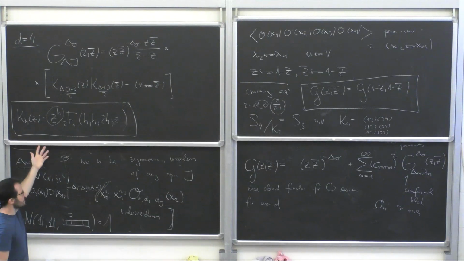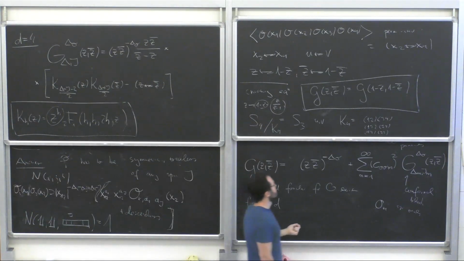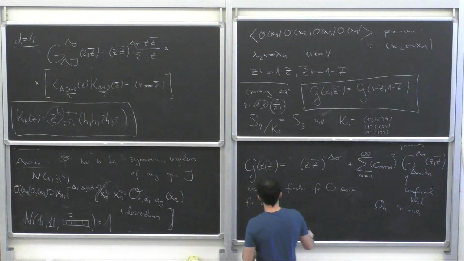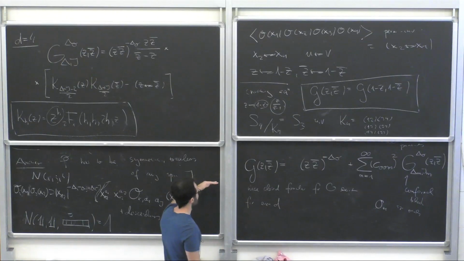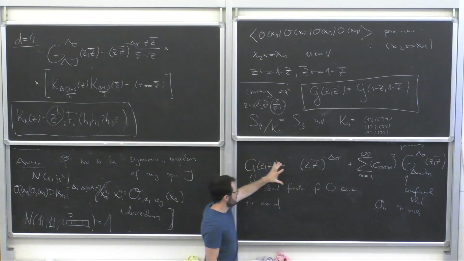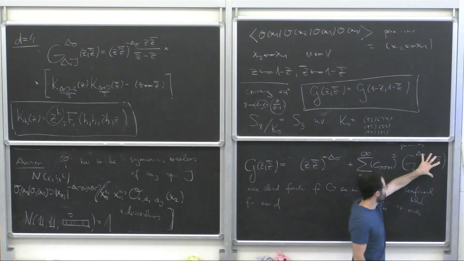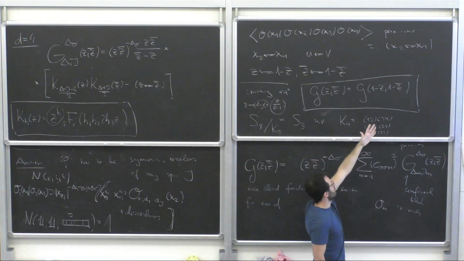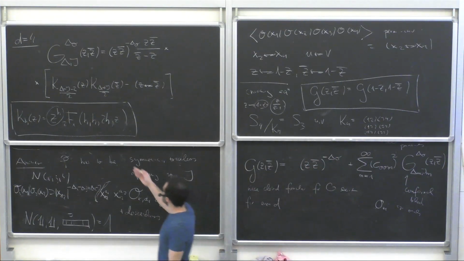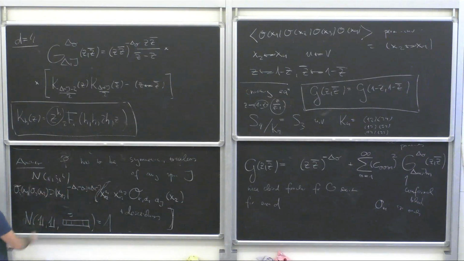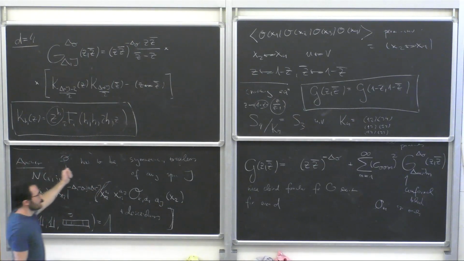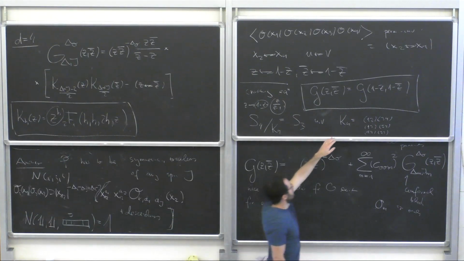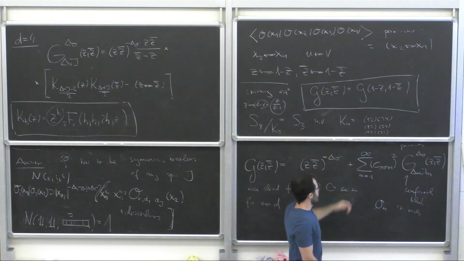So what's the bootstrap now? The bootstrap is the idea that if I write this function as a sum over conformal blocks, it's not obviously symmetric under z goes to 1 minus z, right? Because these functions are not at all symmetric under z goes to 1 minus z. So that equation is a constraint.